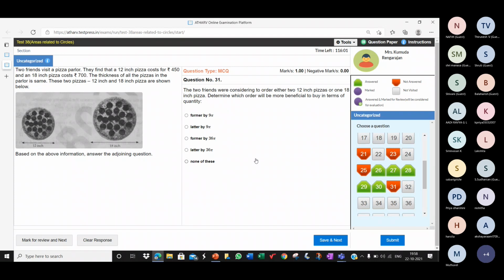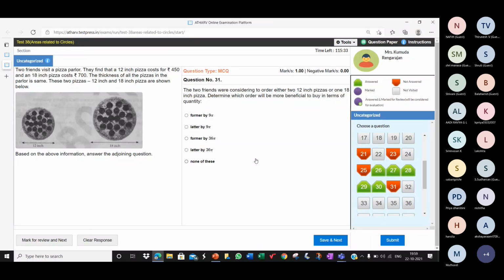Don't read ahead of me, I'm reading it for you. The two friends were considering to order either two 12-inch pizzas or one 18-inch pizza.